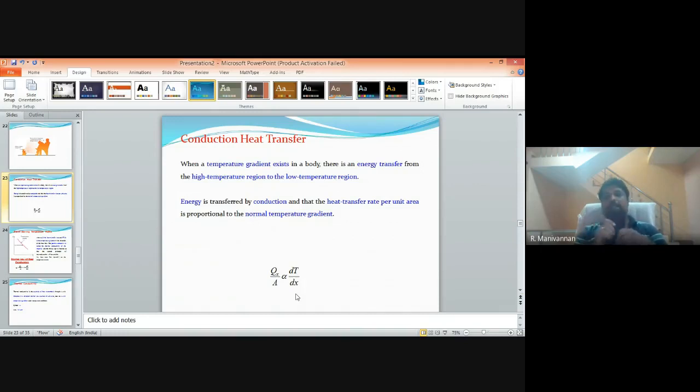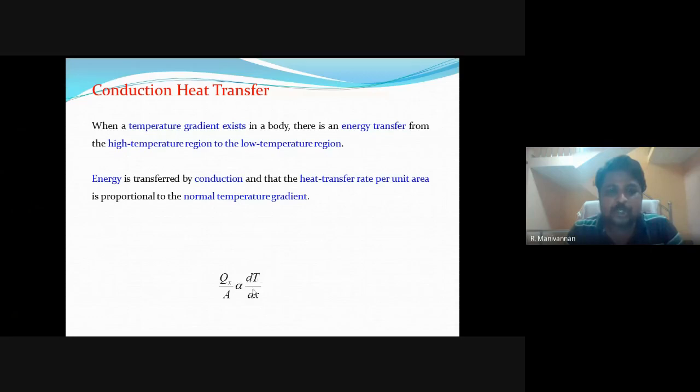Now energy is transferred by conduction, and the heat transfer per unit area is proportional to the normal temperature gradient. So Qx by A is directly proportional to dT by dx.